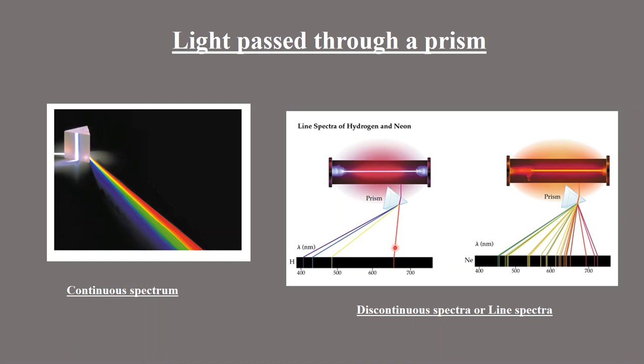This is called a discontinuous spectrum or line spectrum, because the colored lines do not blend smoothly into one another. These line spectra were the hint for an improved model of the atom that could link periodicity to atomic structure. To understand this, first we have to look at light and its characteristics.